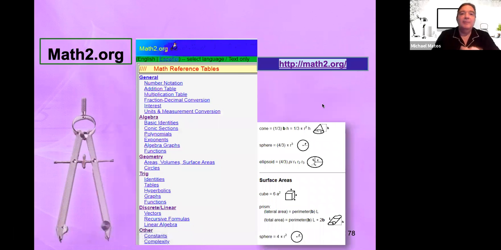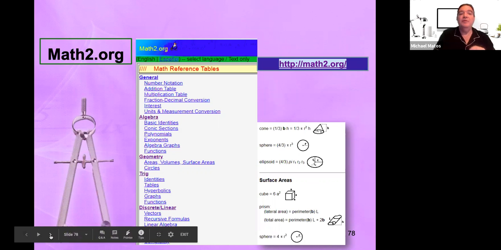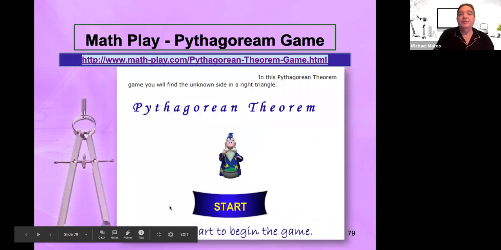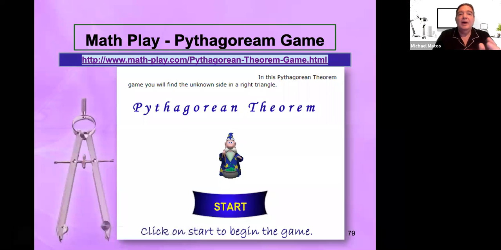Math2.org, a lot of reference material, a lot of virtual activities, but a lot of things that you could use for reference material within your activities that you create, or just to look at before you start some questions. The Pythagorean theorem game, another virtual game, very nice.